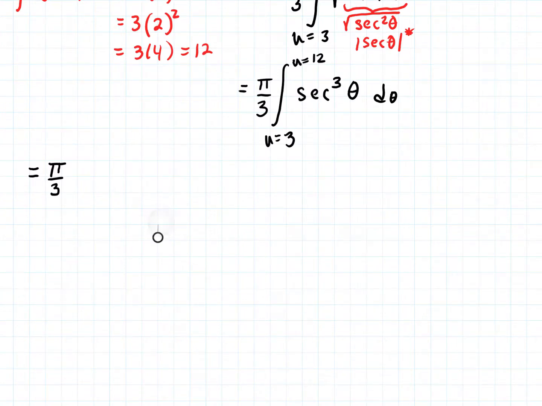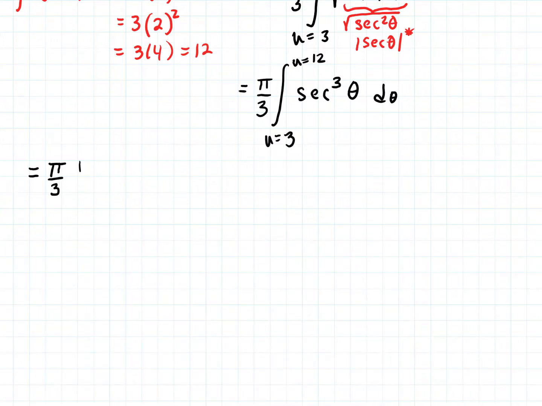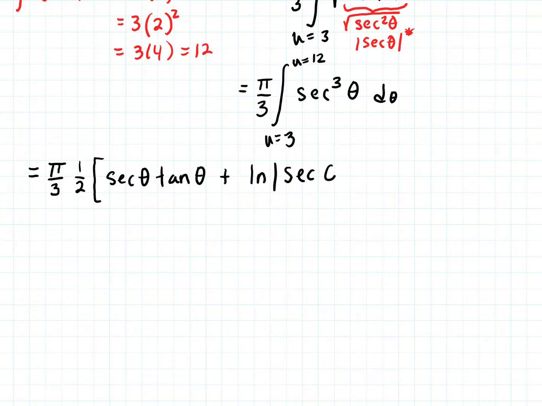So I'm going to just jump right to the integral of the secant cubed is 1/2 secant theta tangent theta plus the natural log of the absolute value of secant theta plus tangent theta. And we're going to evaluate that from u equals 3 to u equals 12.